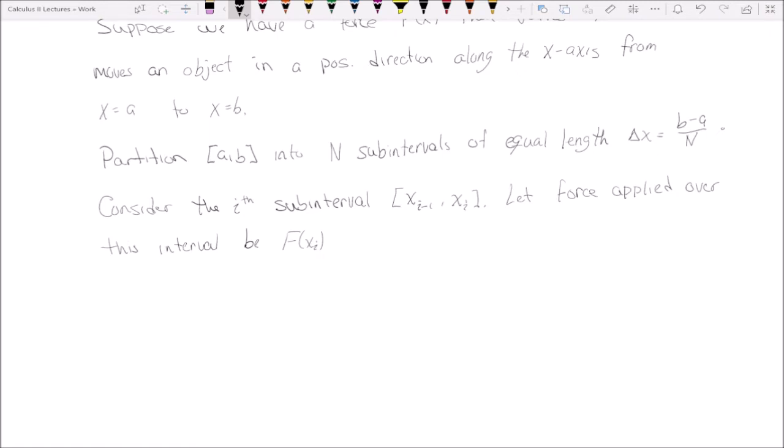Now, we're assuming this because if delta x is small enough, we can treat the force along that tiny interval as a constant. Therefore, the work over this interval, w sub i, is just f of x sub i times delta x.